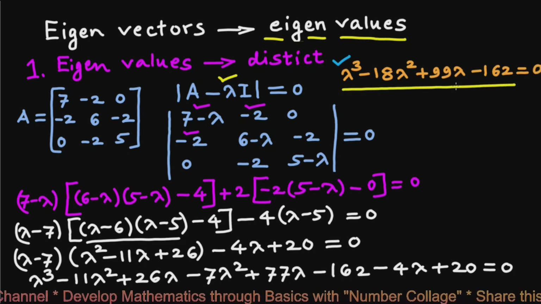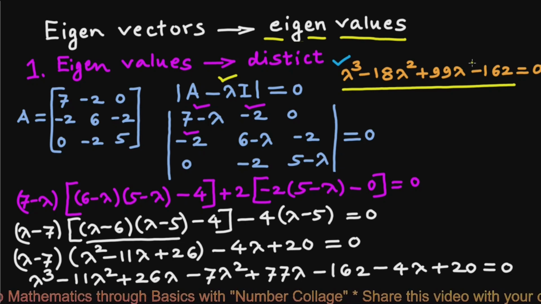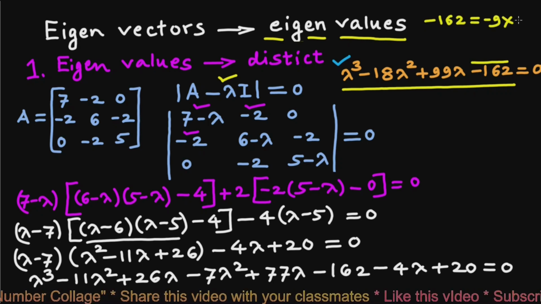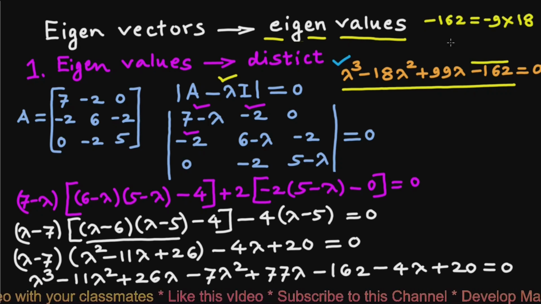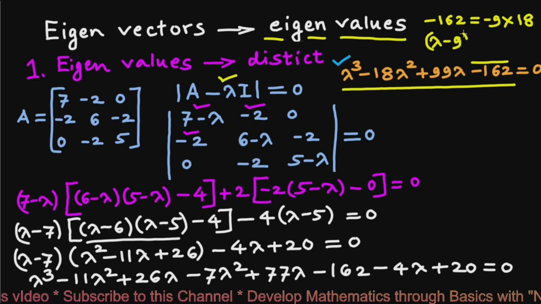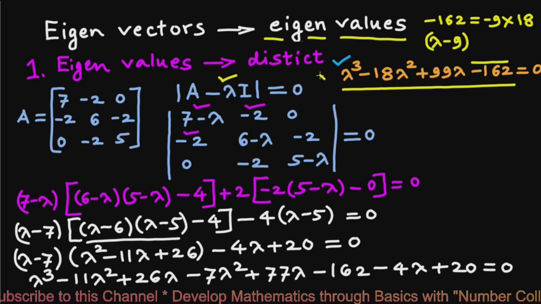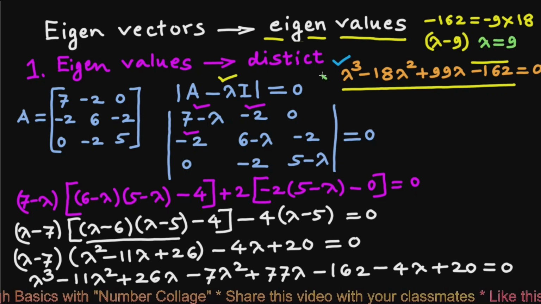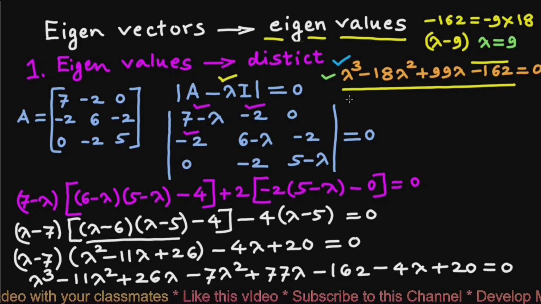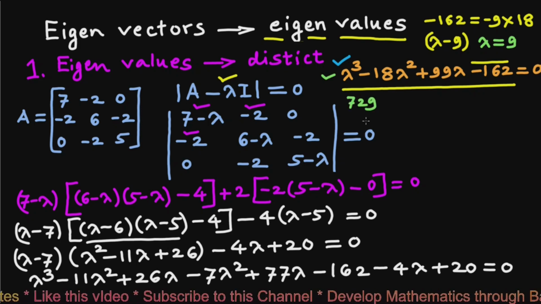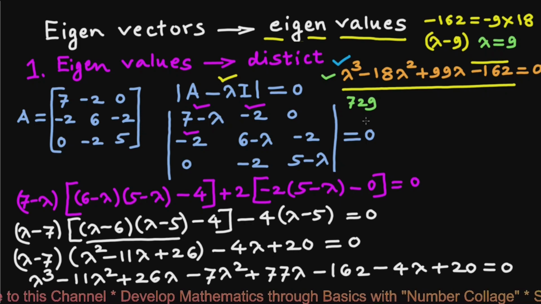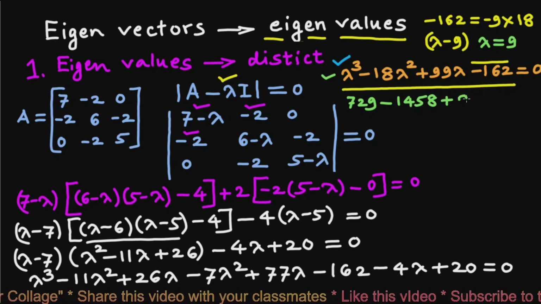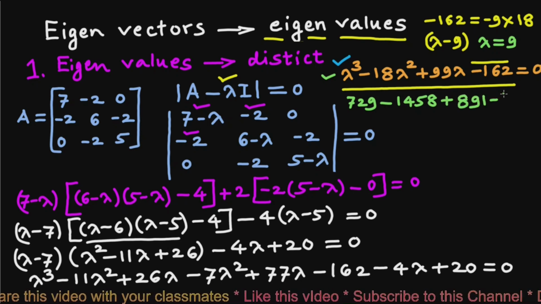In order to find its factors, let us find factors of this constant term minus 162, which will be minus 9 into 18, which suggests that lambda minus 9 is likely to be one of the factors of this cubic polynomial. We have to check whether lambda equals 9 satisfies this equation. So 9 cube will be 729, minus 18 into 81 will be minus 1458, plus 99 into 9 will be 891, minus 162.